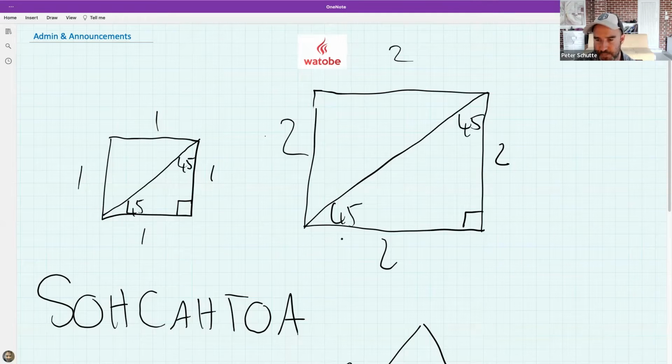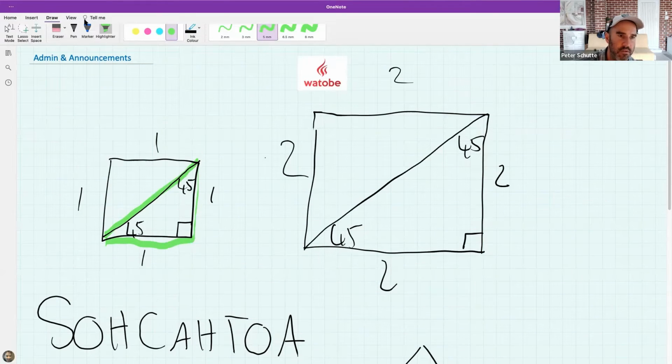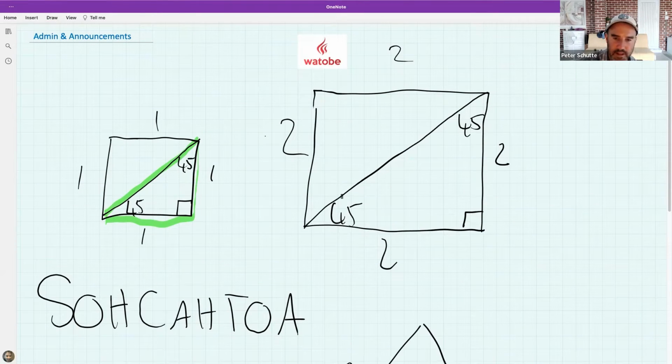They're the same shape, but they're not the same size because the second triangle is a 2 times enlargement. So just give me a thumbs up if you understand what I mean by that. I've got a square and then I've cut it in half to get a triangle. This triangle is similar to this one over here because it has the same shape, but not the same size. That's an important difference.